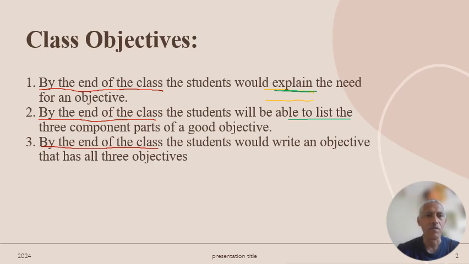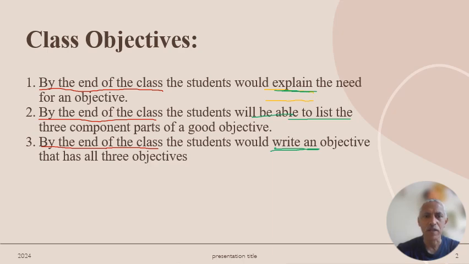On the third one, by the end of the class, the students would write. It is for them to be able to write. So we have these three verbs. In the first one, explain.